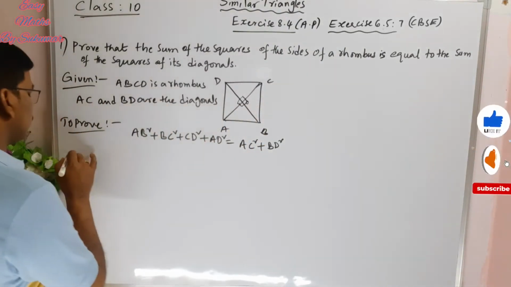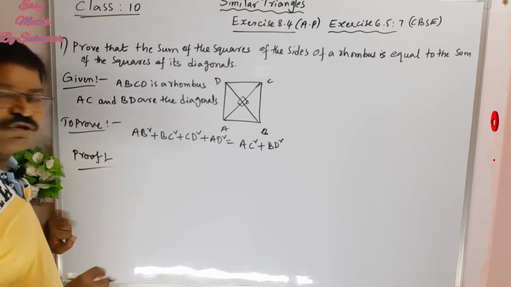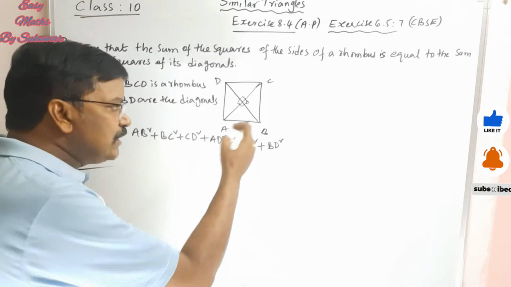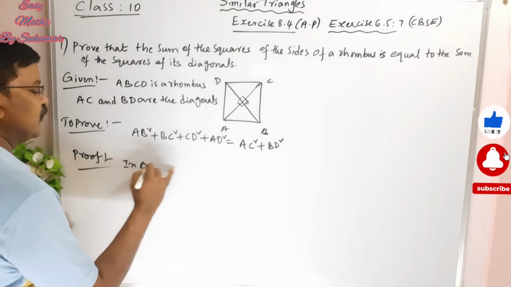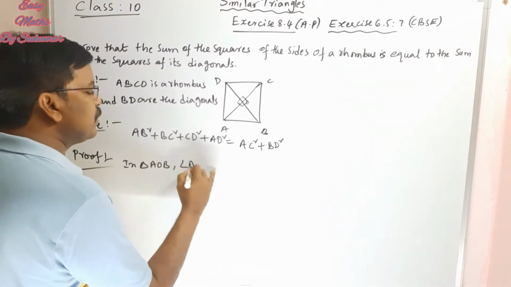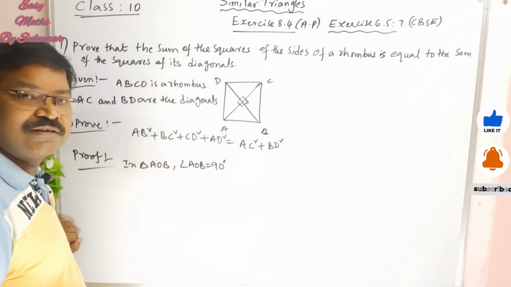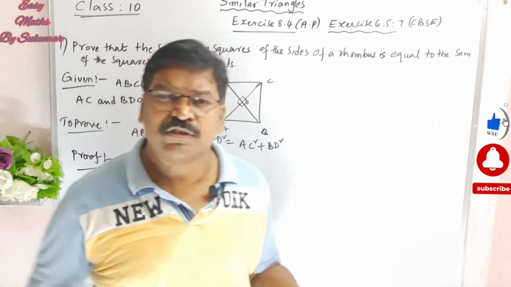Okay. Coming to the proof, as I told you, there are 4 right angle triangles. I will take each right angle triangle. In triangle AOB, angle AOB is equal to 90 degrees. Therefore, we can apply Pythagoras theorem.